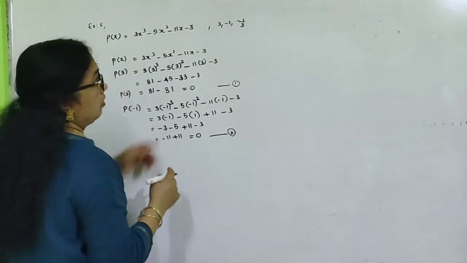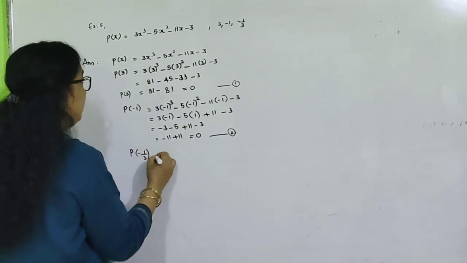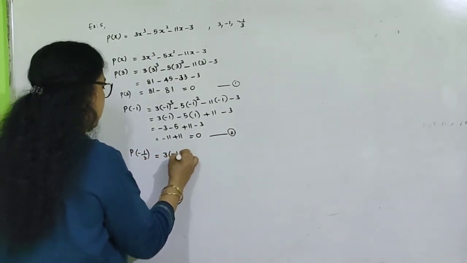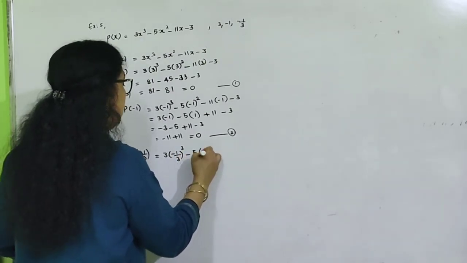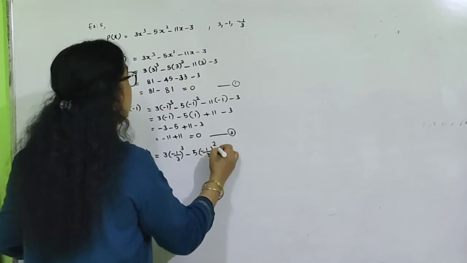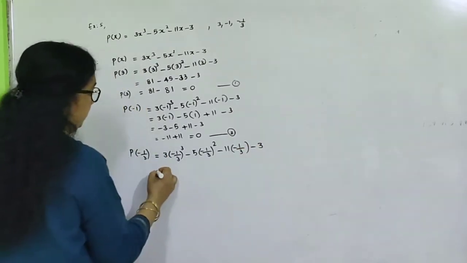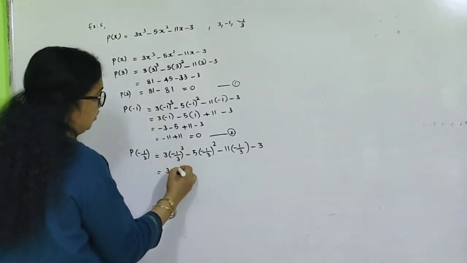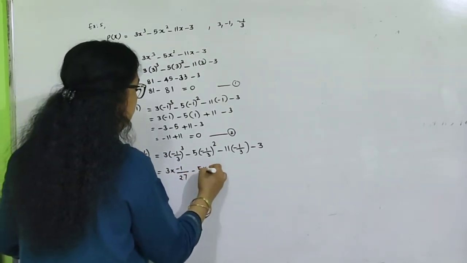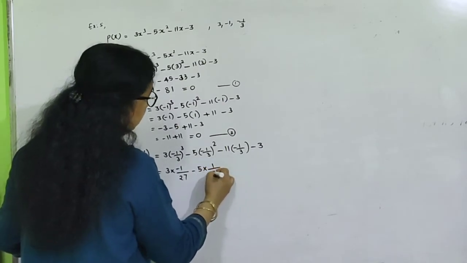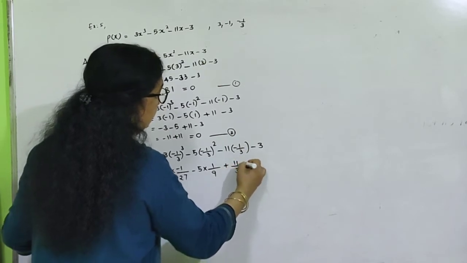Next, the value is minus 1 by 3. So p of minus 1 by 3: in place of x write minus 1 by 3. That is 3 into minus 1 by 3 whole cube, minus 5 into minus 1 by 3 whole square, minus 11 into minus 1 by 3, minus 3. 3 multiplied by minus 1 cube upon 3 cube, which is 27, minus 5 multiplied by minus 1 square, which is positive 1, upon 3 square, which is 9, plus 11 upon 3, minus 3.